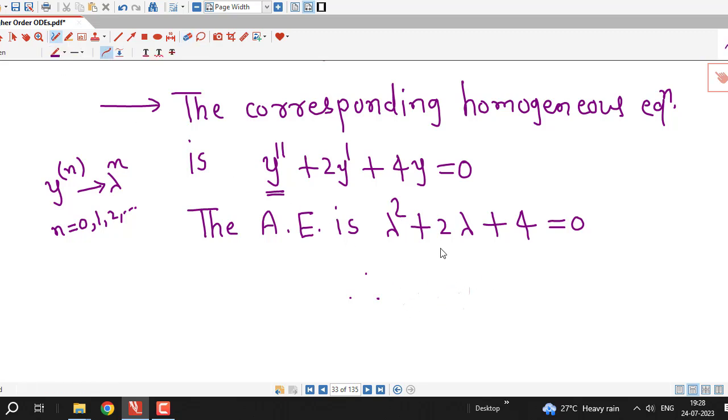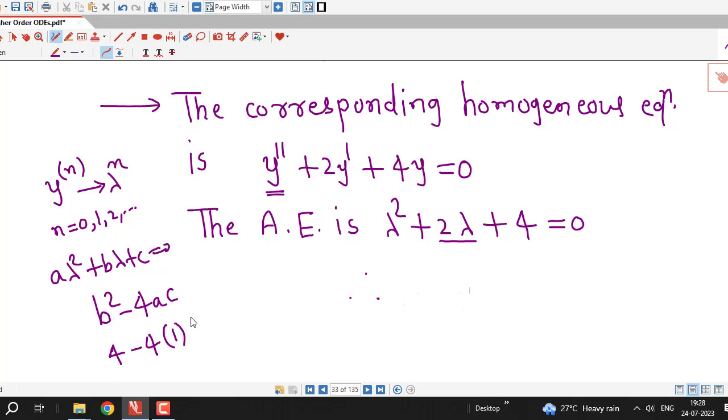So we have to see whether b square minus 4ac is negative or not. If we compare with a lambda square plus b lambda plus c equal to 0, we have b equal to 2, that is b square is 4, minus 4, a is the coefficient of lambda square, c is the constant term, and this is 4 minus 16, that is minus 12, which is negative. Therefore this quadratic equation has complex roots.